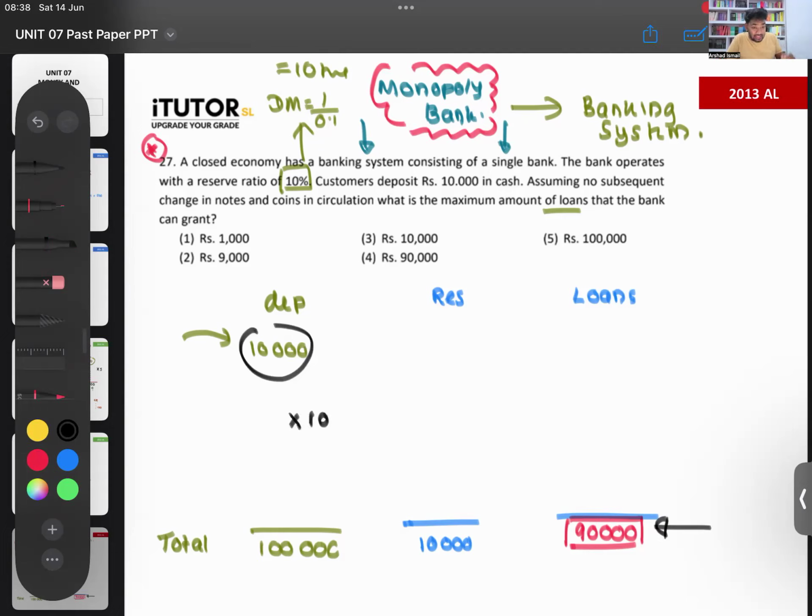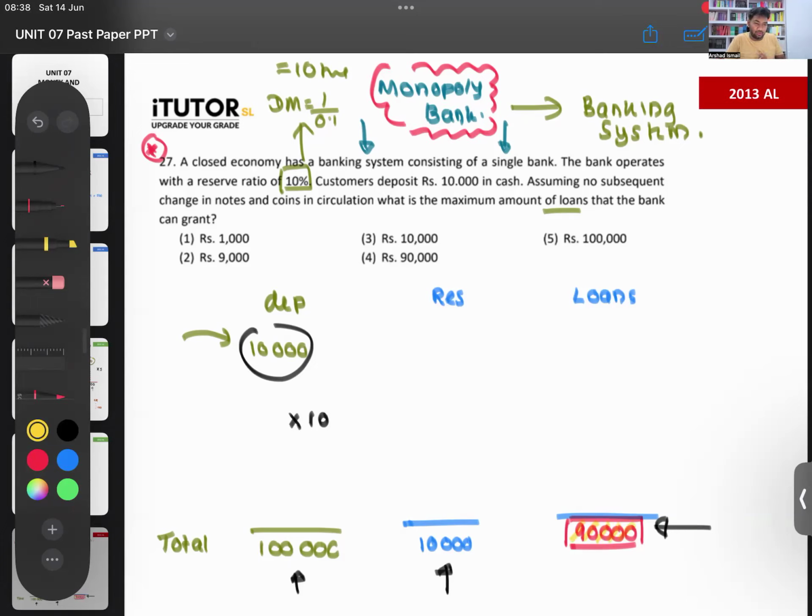That means 100,000 would have been created, total deposits of 100,000. They have to keep 10% as reserves, that is 10,000, and the balance, 90,000, they could have given out as loans. So that is your answer there.